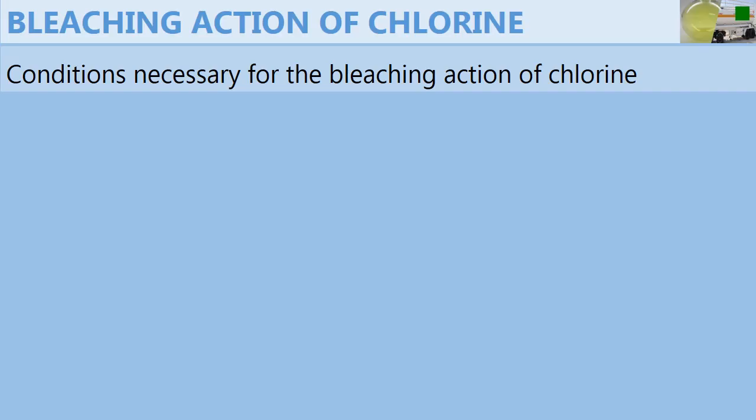The bleaching action of chlorine. When I was talking about the preparation of chlorine, I mentioned that moist blue litmus paper is placed in the mouth of the gas jar, and when it turns red and then is bleached, it will indicate that the gas jar is full. So why was the moist litmus paper bleached or decolorized?